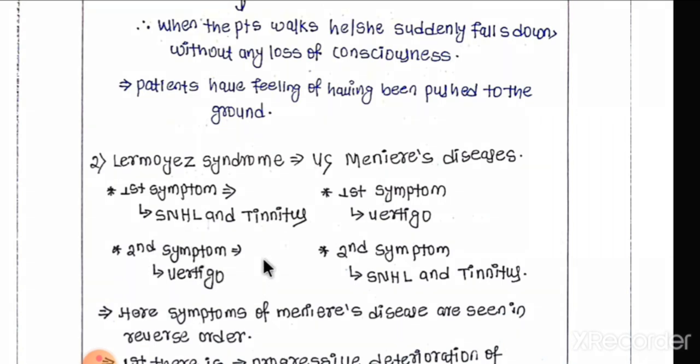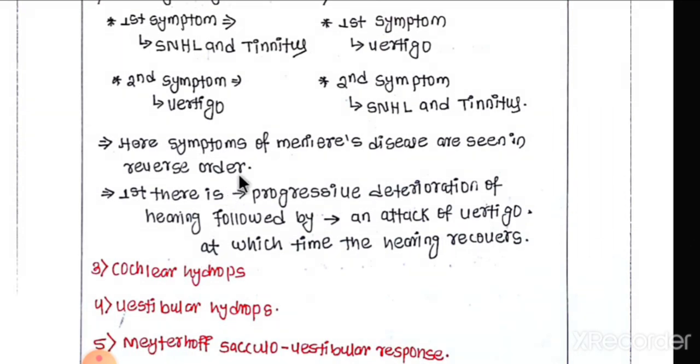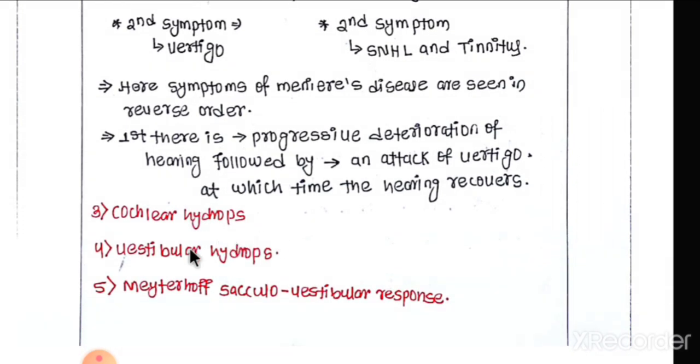This is just the opposite of Meniere's disease, and here the symptoms of Meniere's disease are seen in reverse order. First, there is progressive deterioration of hearing followed by an attack of vertigo, at which time the hearing recovers.